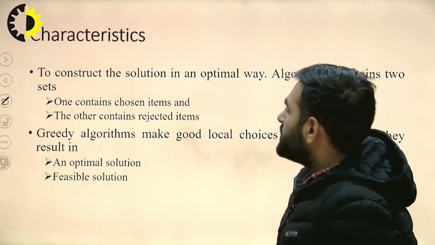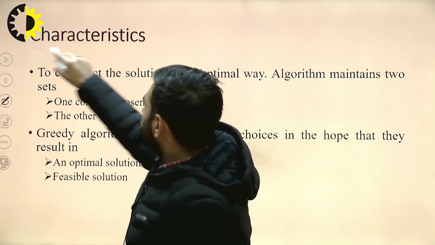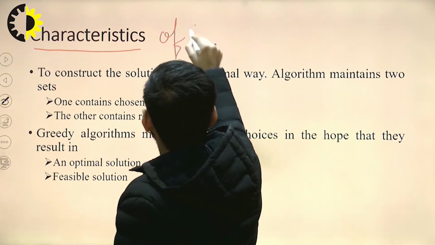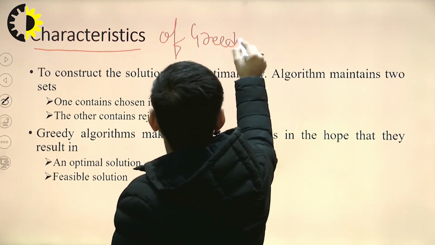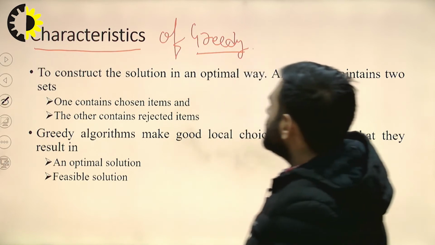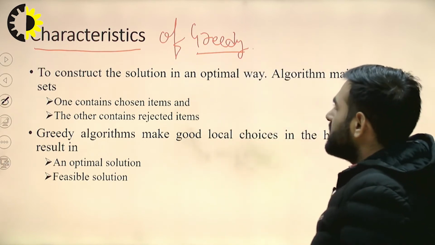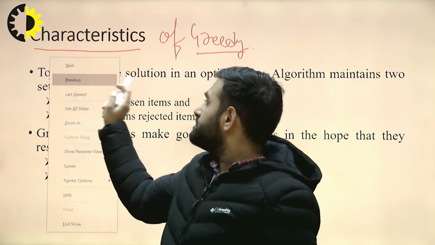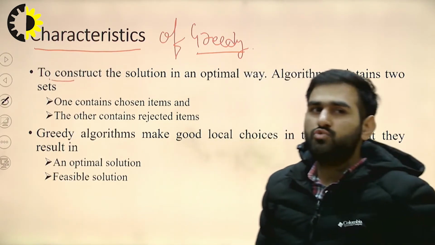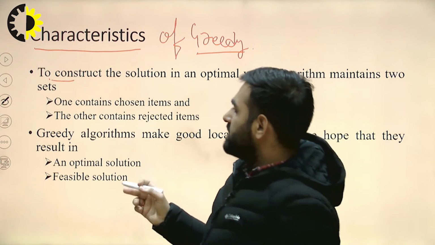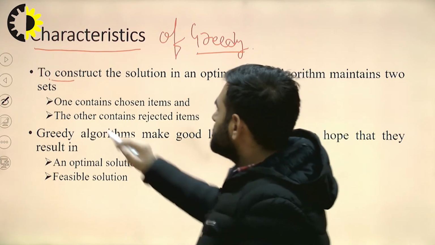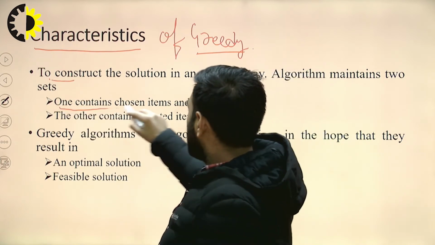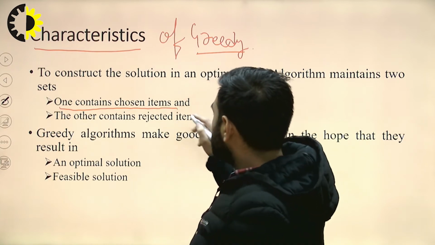Now, features or characteristics of greedy. To construct a solution in an optimal way, the algorithm maintains 2 sets. As we have already seen in the main algorithm, the first set contains the chosen items, what we are choosing, and the other one contains the rejected items.